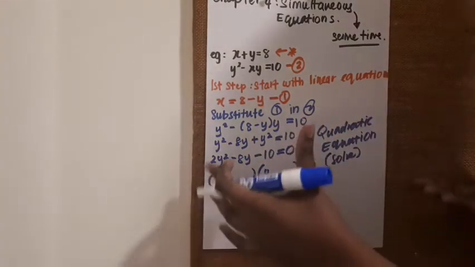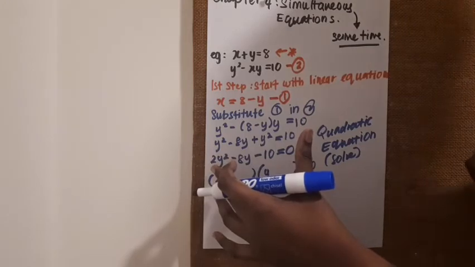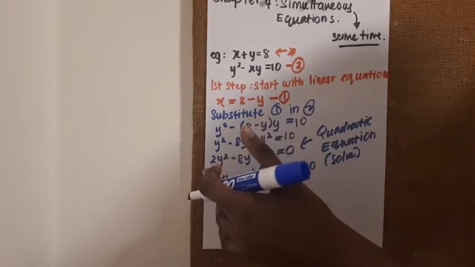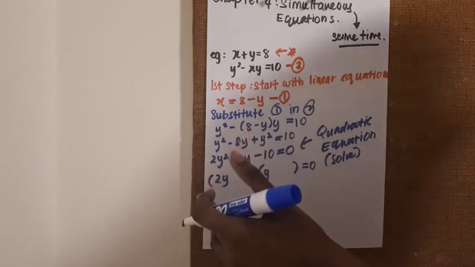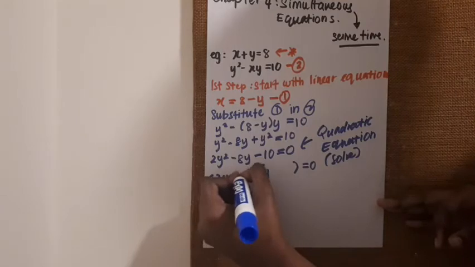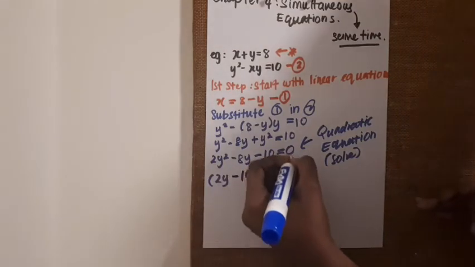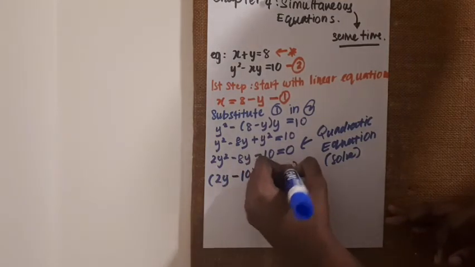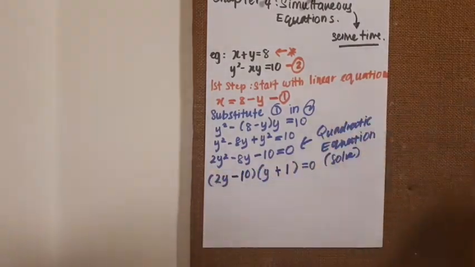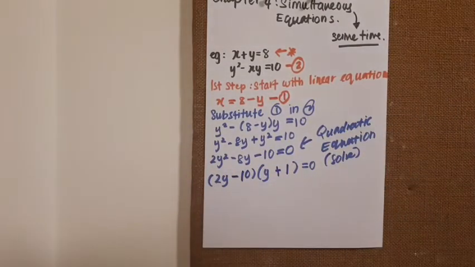You can always write down the two factors here. So the solving method is going to be something like this. Again, if you're not sure how to factorize this, always look back at my videos.